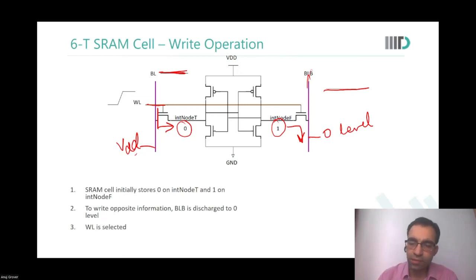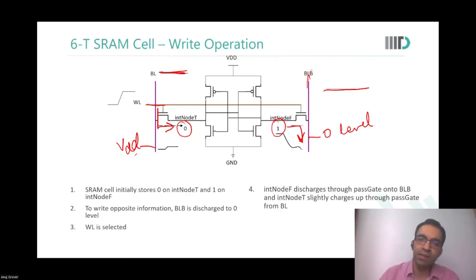Are you able to see this? Once the word line is selected, current starts to flow. Int node F starts to discharge through this particular pass gate, and int node T starts to charge up because the current is flowing there also.